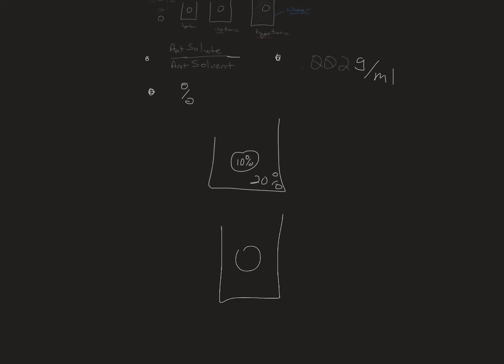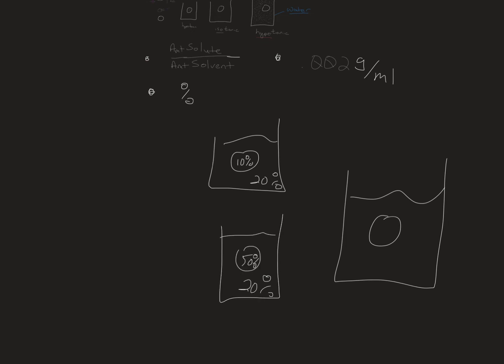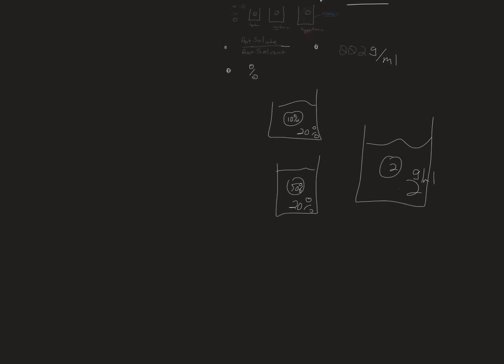If I drew it again, see how easy this is? I love these. These are real easy to make tests for. 50%, and outside it's 20%. It's hypo, and if the solution is 0.2 and outside is 0.2 grams per milliliter, it's iso.